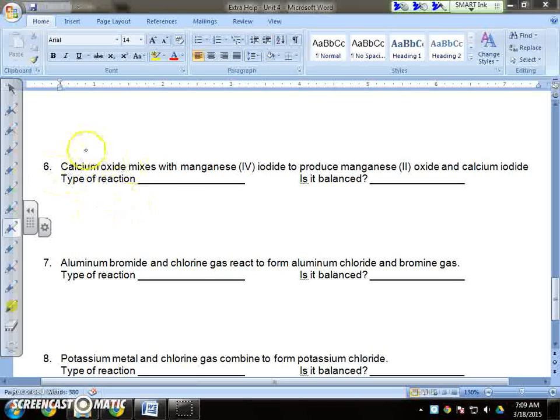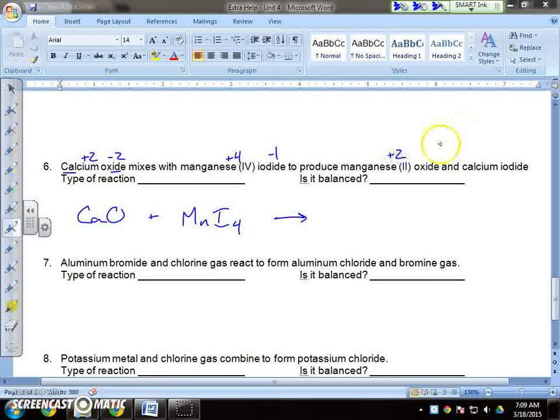Anyways, calcium oxide, I know that calcium's a +2 and this is a -2. Again, metal and non-metal, so we gotta use the oxidation numbers. So we're gonna end up with a CaO, which mixes with manganese 4 +4, and iodide is going to be a -1, so I've got MnI4 to produce manganese 2 oxide.